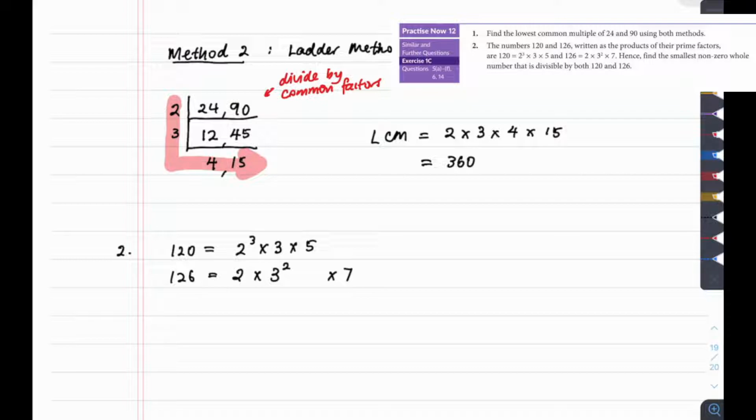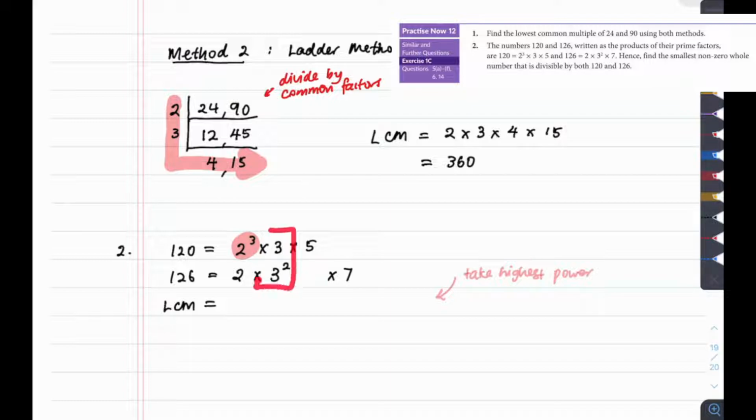Alright? So because we are doing the prime factorization method, for this LCM, we will need to take the highest power. So it's like the reverse here. For the lowest common multiple, we take the highest power. For the highest common factor, we take the lowest power. Okay? So between the 2s, which one do we take? We take 2 cube.